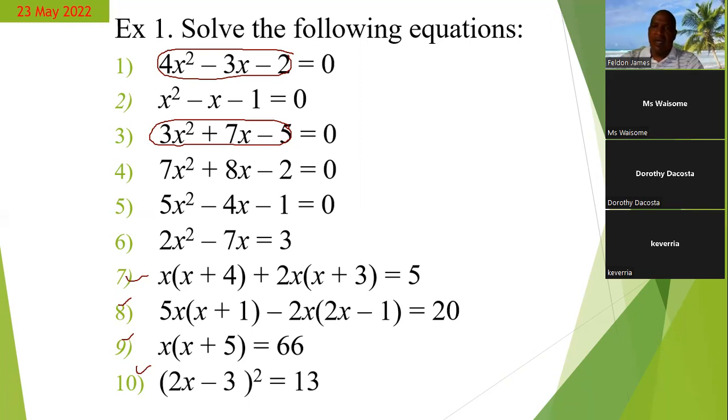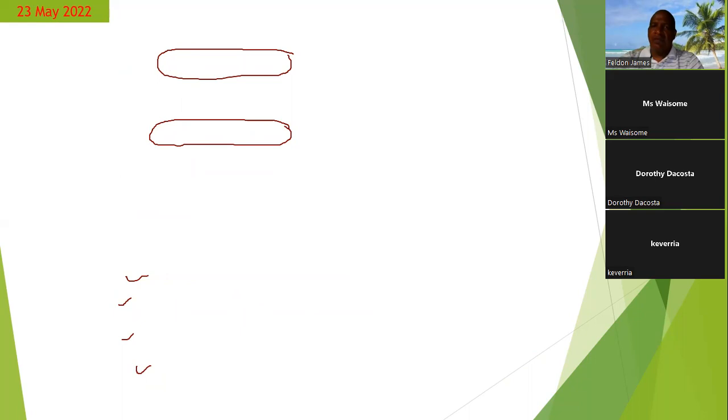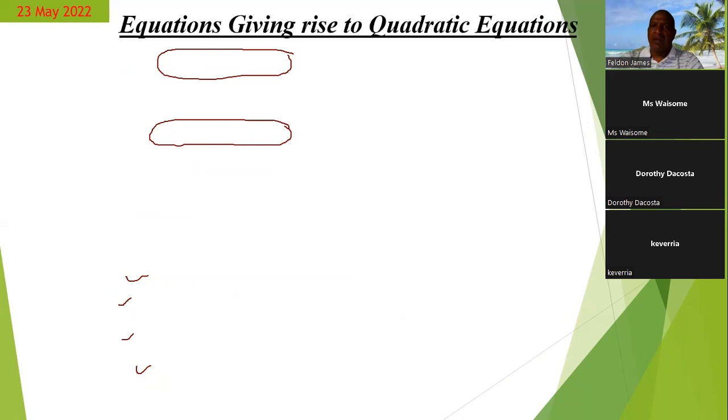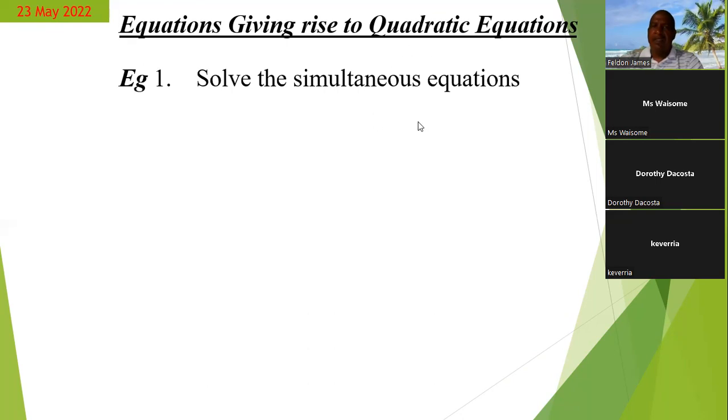All right, so if you are through with those, I want to just look at one last thing with the quadratic. All right, so equations giving rise to quadratics. Now, there are times when you may have simultaneous equations that involve a quadratic.